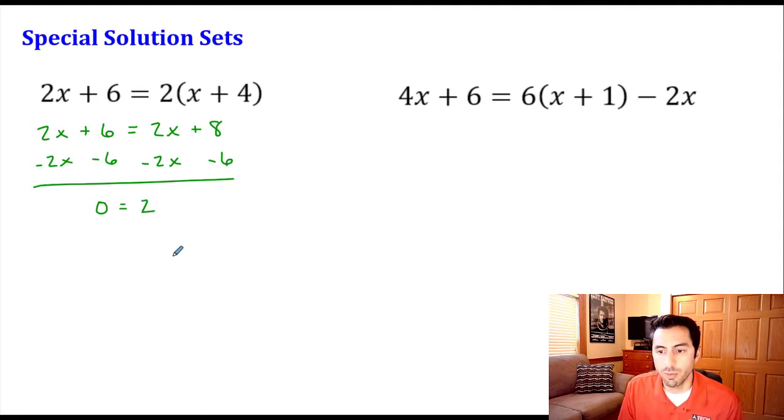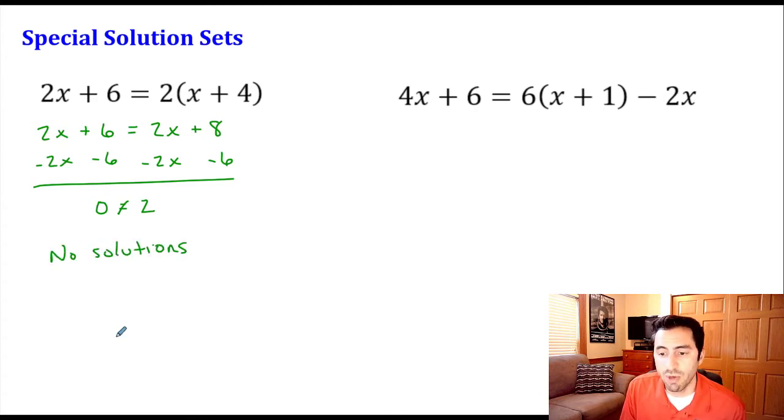So my variable terms completely canceled out. And what I end up with here, this is a false statement. So 2 is never equal to 0. So because of that, my solution set, this is no solutions.